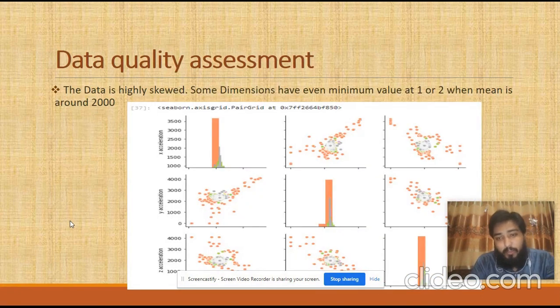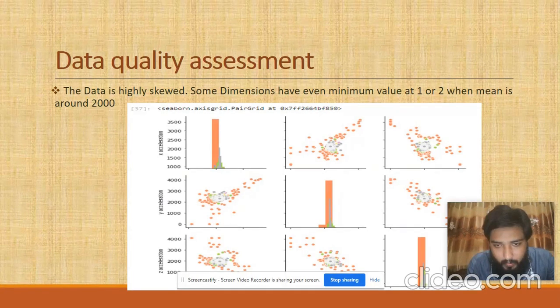Well, for data quality assessment, you can see here in a pair plot that some of our data points in X, Y, and Z acceleration, most of our data in X, Y, and Z axis is spread.